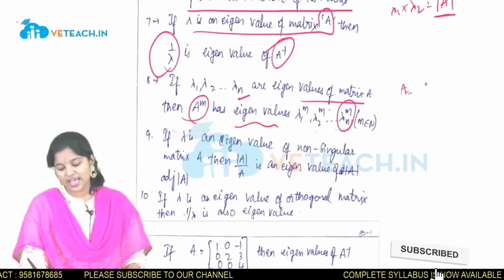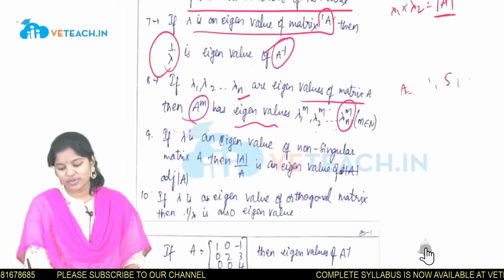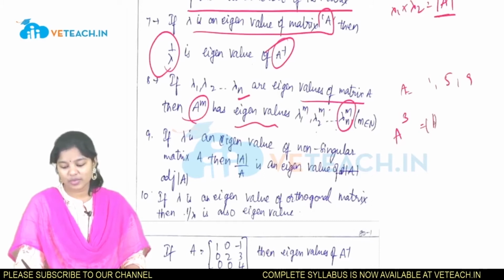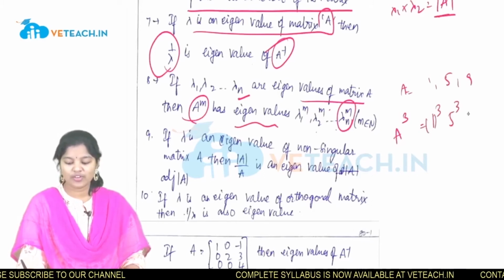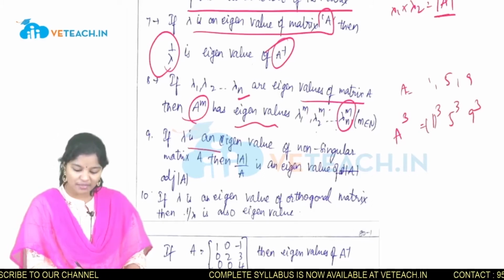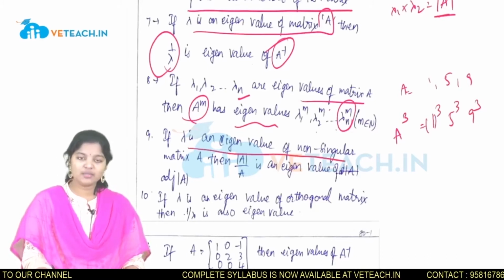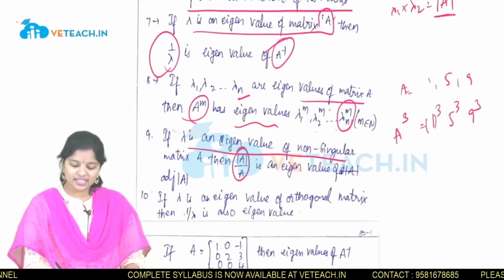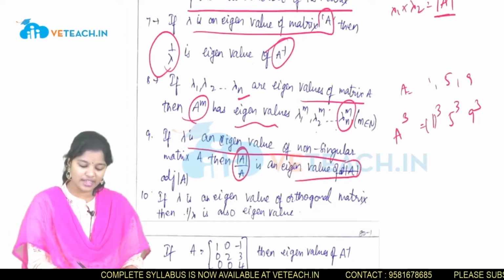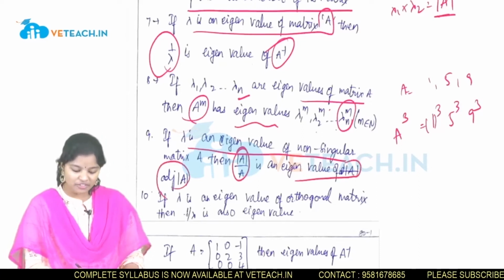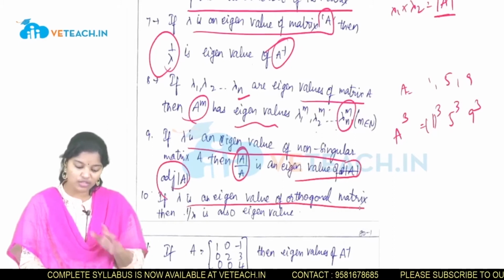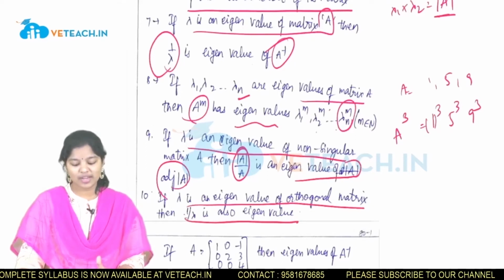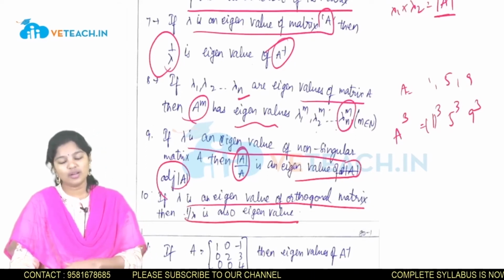Suppose A has eigenvalues 1, 2, 5. Then for A power 3, the eigenvalues will be 1 cube, 2 cube and 5 cube. If lambda is an eigenvalue of a non-singular matrix A, then det A by lambda is an eigenvalue of adjoint A. If lambda is an eigenvalue of an orthogonal matrix, then 1 by lambda will also be its eigenvalue.